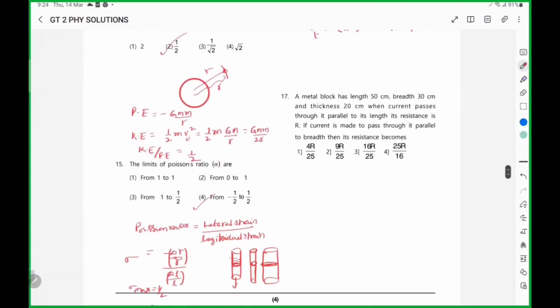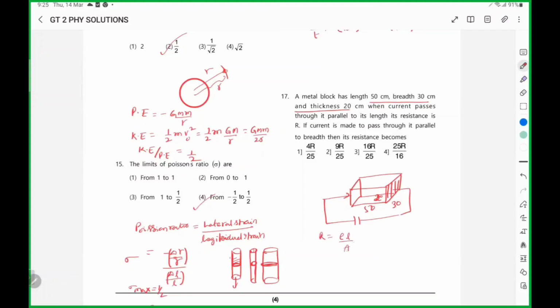A metal block has a length of 50 centimeter, breadth 30, and thickness 20. When a current passes parallel to the length like this, what is its resistance?